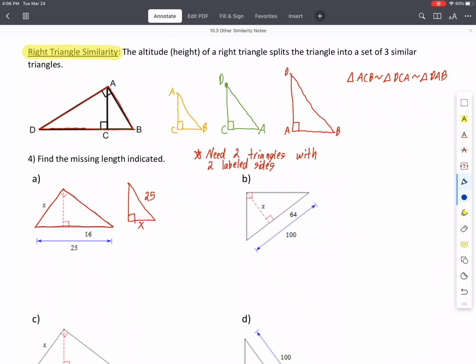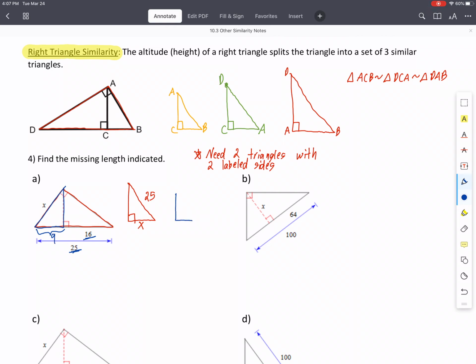And we need 2 labeled sides, so we'd have to go with the smaller one, because though this side isn't labeled, we could figure that out because we know the total is 25 and that's 16, so 25 minus 16 gives us 9.